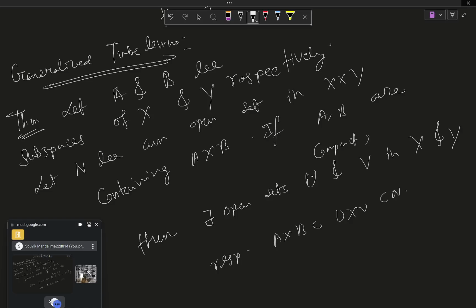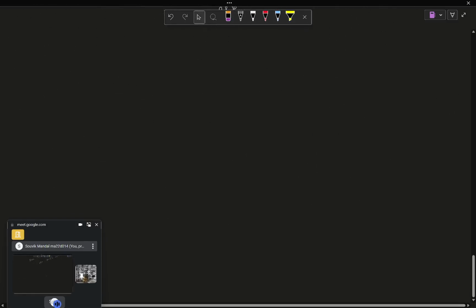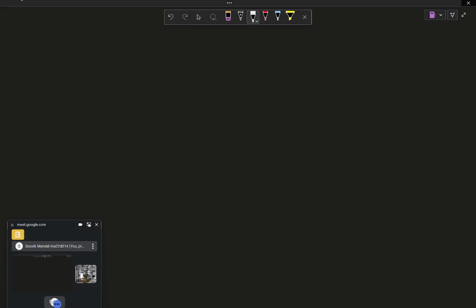So these are some open sets which you are getting. This is the generalized tube lemma.